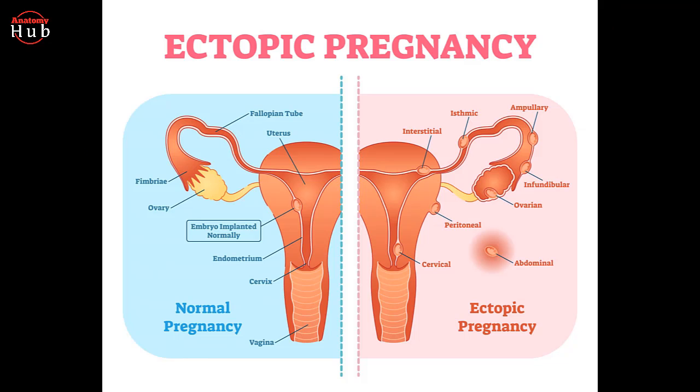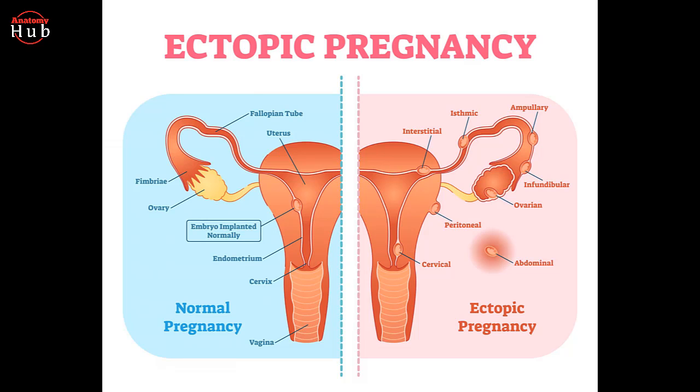Here we'll find some normal and abnormal sites of implantation. So, various sites of implantation can be seen in this image. Normally, implantation occurs in the upper part of the posterior wall of the uterus close to the fundus. Tubal implantation usually occurs in the ampulla, but it can occur in the infundibulum or in the isthmus also.